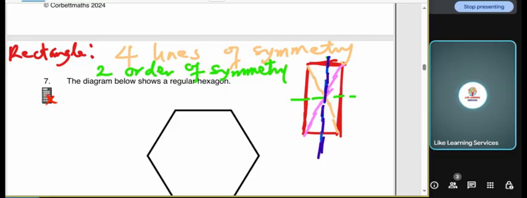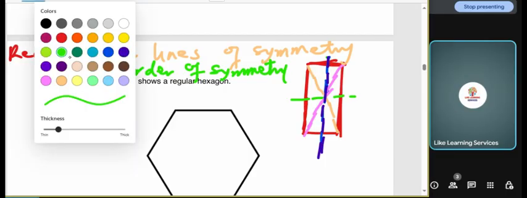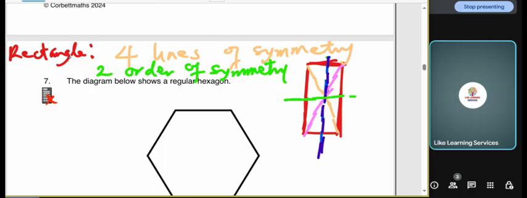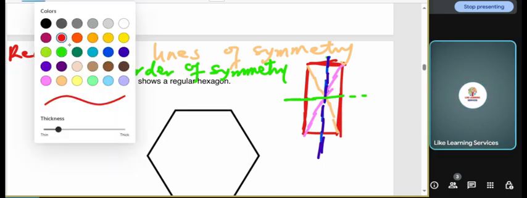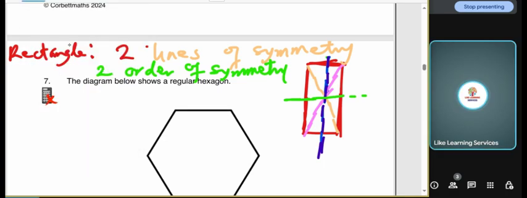If you fold the green line, it will lap. Try and fold the purple line. Are you sure it will lap? Oh, wait, it only has 2. It has only 2 lines of symmetry.